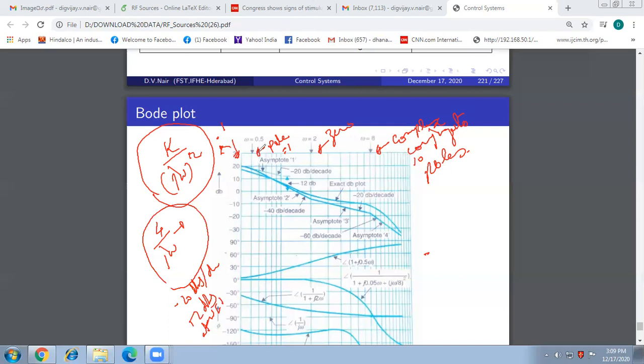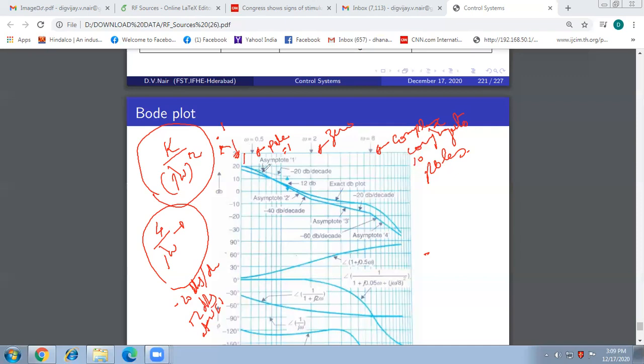Here there is a pole, and at a pole the incoming magnitude plot is modified with an additional slope of minus 20 dBs per decade. A pole contributes an asymptote of slope minus 20 dBs per decade at its corner frequency. Till here, the straight line was minus 20 dBs per decade.